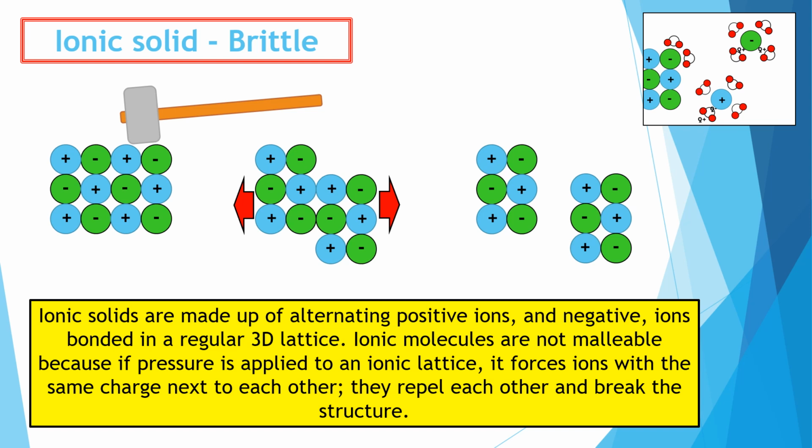So we can say ionic solids are made up of alternating positive and negative ions bonded together in a 3D lattice. Ionic solids are not malleable because if pressure is applied to an ionic lattice, it forces ions with the same charge next to each other. They repel and break the structure.